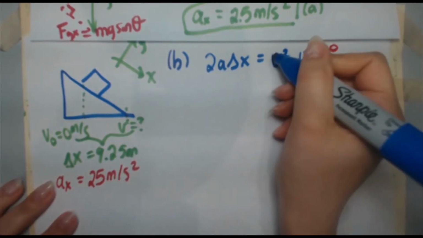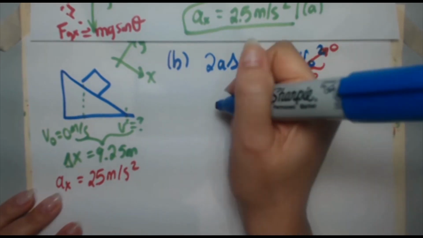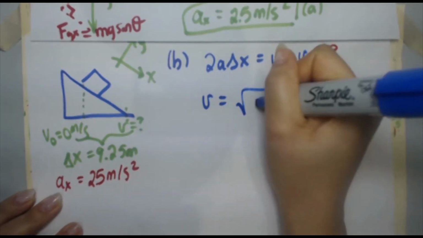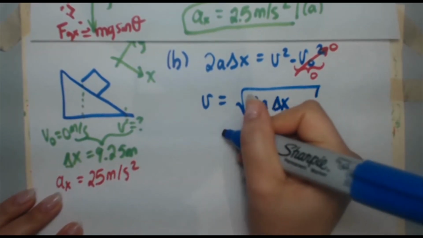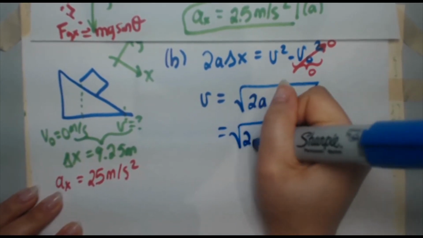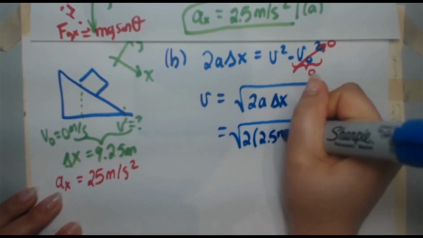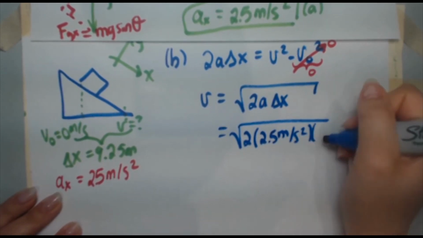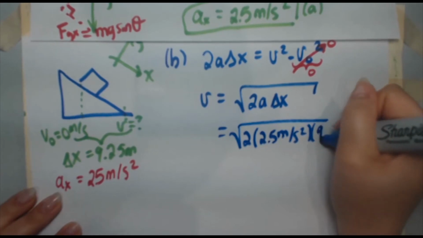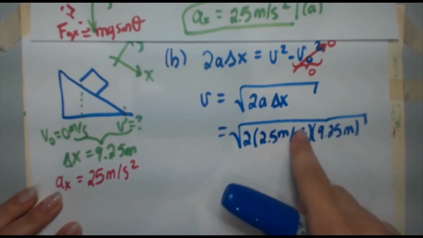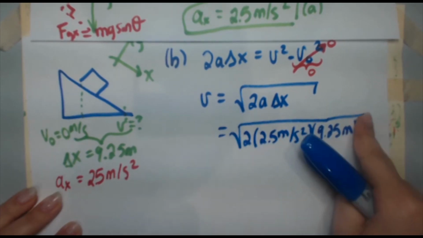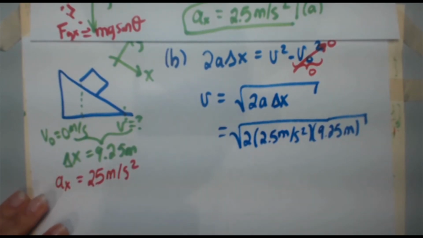We're looking for v, so I'm going to write this as v equals square root of 2a delta x. Square root of 2, acceleration is 2.5 meters per second squared, delta x is 9.25 meters. You see your units are going to come out to be meters squared over second squared, and when you root that, you're going to get meters per second.